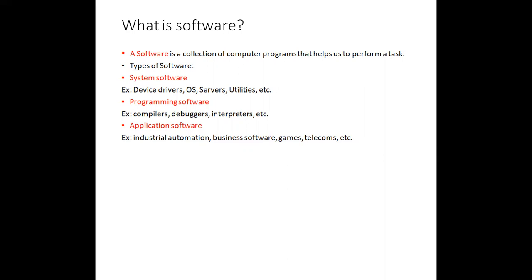Generally we have different types of software. The first one is system software. System software means the OS, the operating system. We have the Windows operating system, Linux operating system, and Mac operating system.